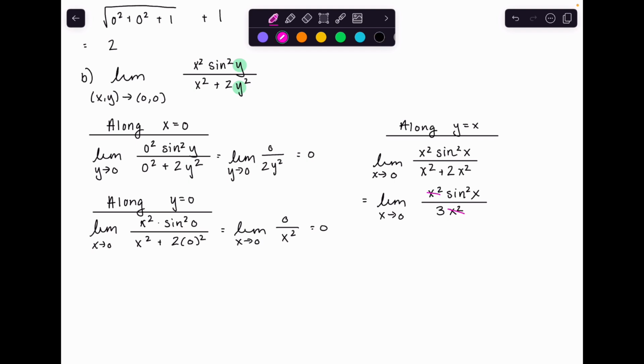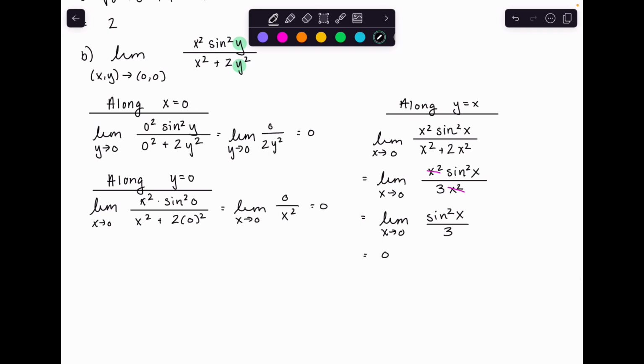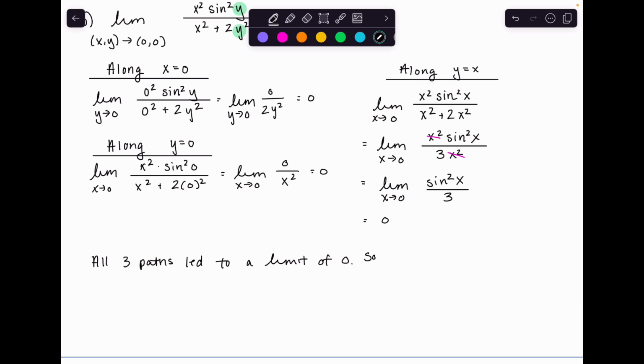So that cancels. And this gives us the limit as x approaches 0 of sine squared of x over 3. And now I have absolutely no issue plugging in 0. Sine of 0 is 0. Okay. So all 3 of these paths led me to a limit of 0. So it's likely the limit equals 0.